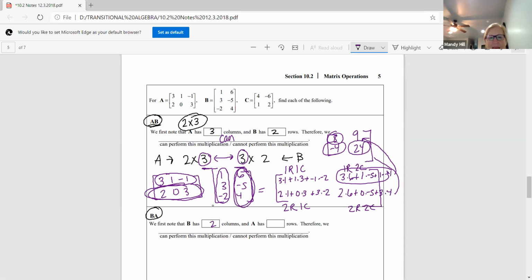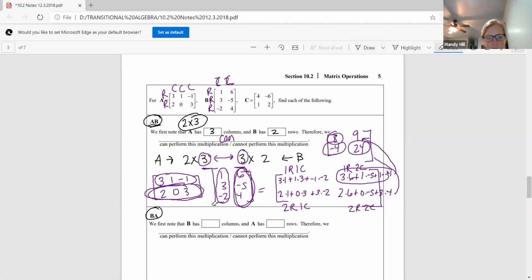B has 3 columns. I'm just going to write this here to help us. Maybe it'd help me more. Columns, columns, columns. Okay, so B has 2 columns, but it has 3 columns.